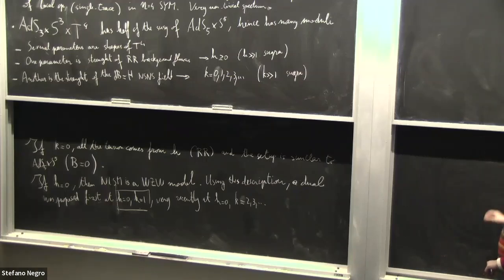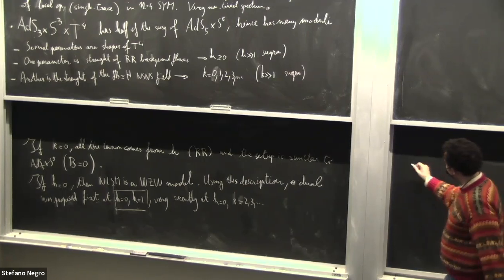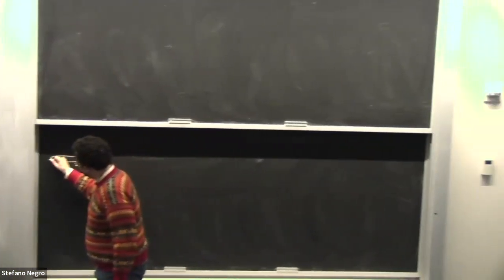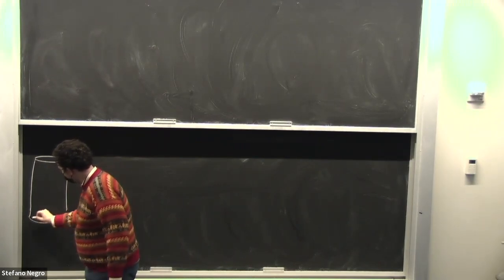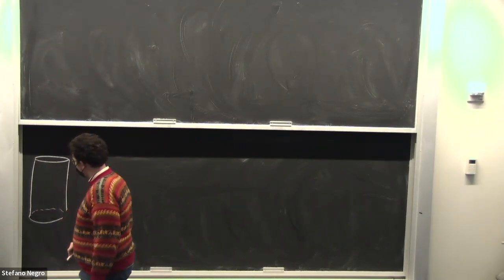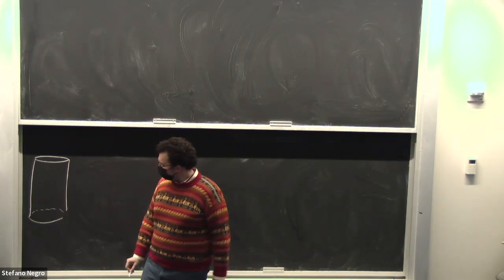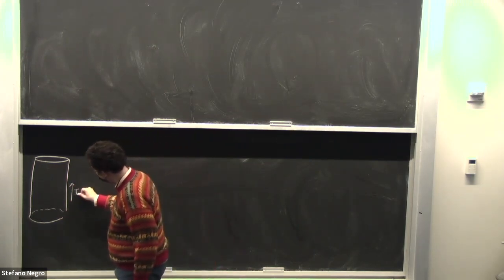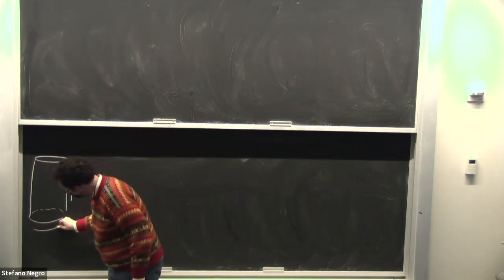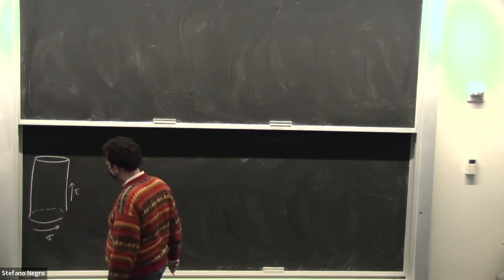And the way that I will do this is, cutting a bit of a corner, to give you a feeling for what we want to do. So we have our cylinder, which is the string worldsheet for a freely propagating string. This is the time, this is the space.